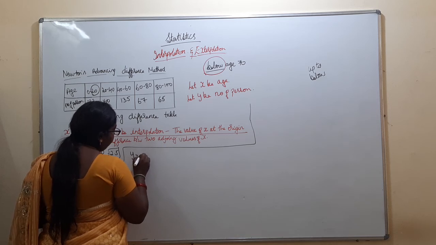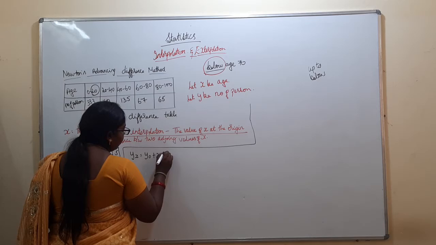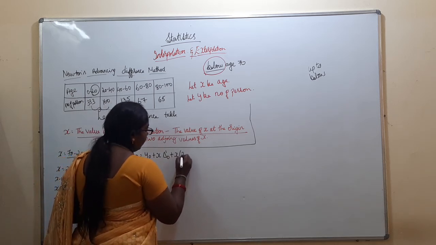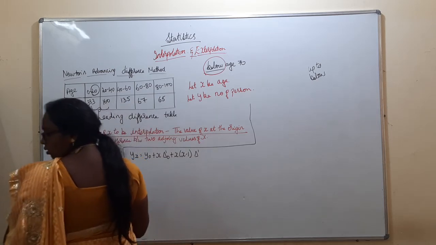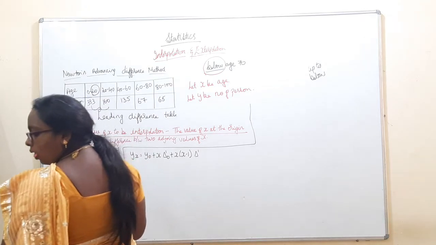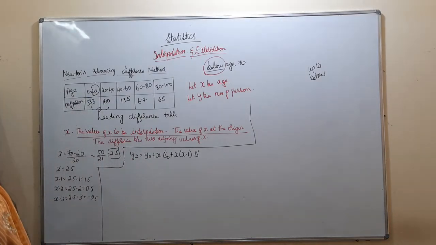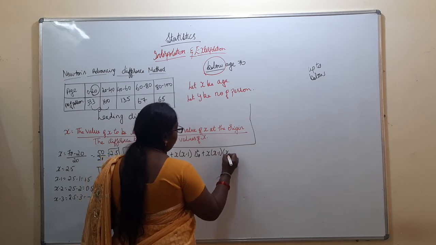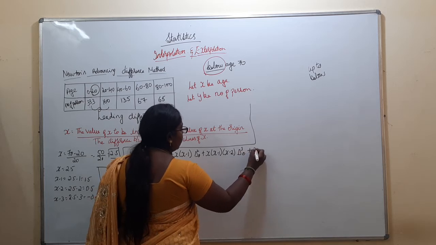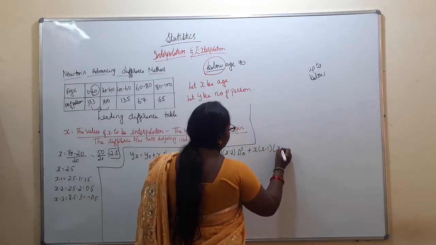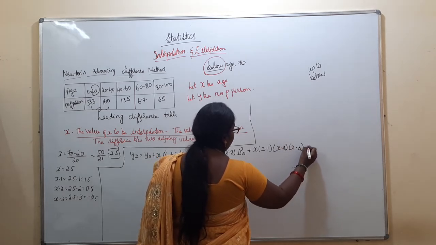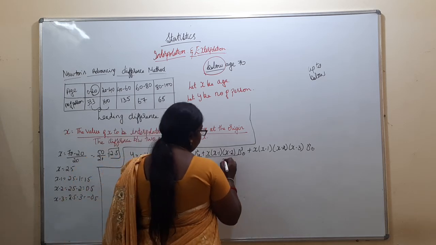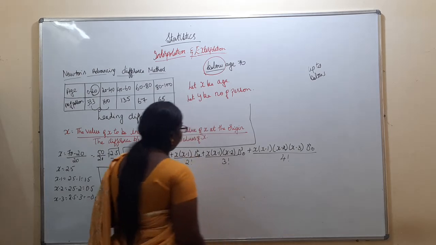My y of x is equal to y naught plus x into delta 1 naught plus x into x minus 1 delta square naught plus x into x minus 1 into x minus 2 delta cube naught plus x into x minus 1 into x minus 2 into x minus 3 delta 4 naught, divided by 1 factorial, 2 factorial, 3 factorial and 4 factorial. Now I have written the formula.